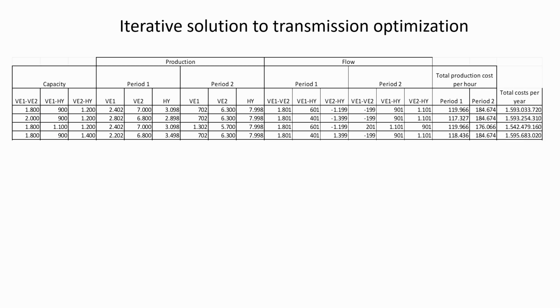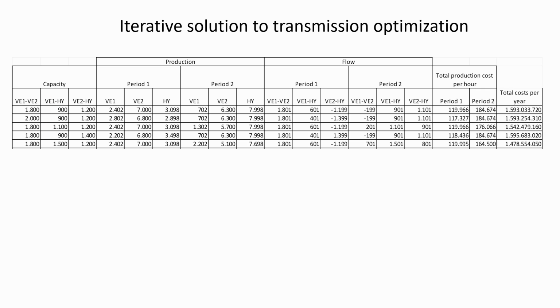So I do another calculation where I increase it up to 1500 megawatts, and you can see that still the costs have been reduced. So with this capacity, it is still a good idea to increase the capacity of this line.